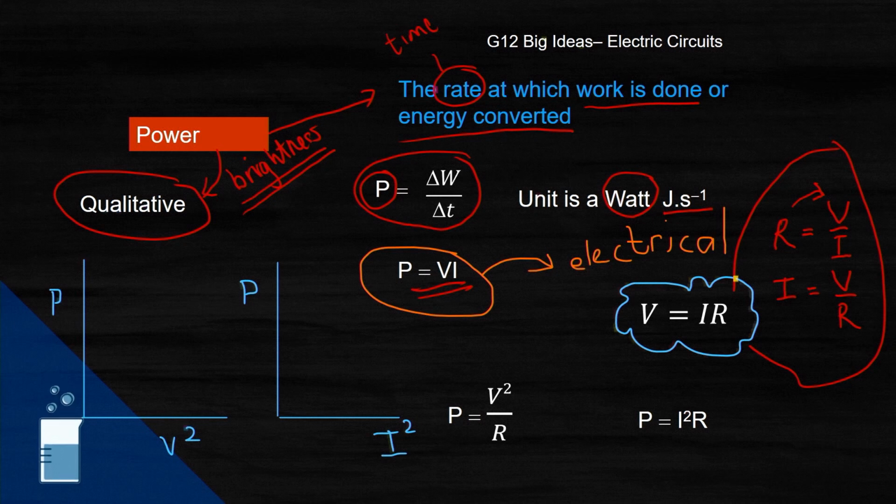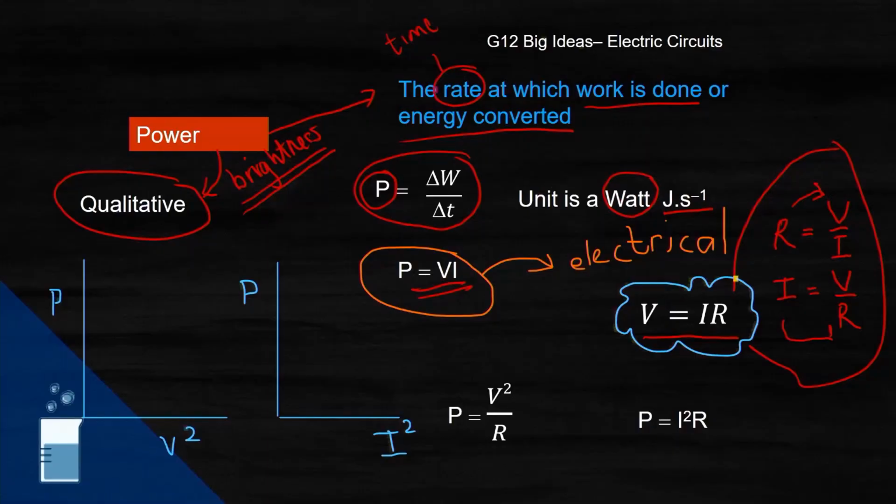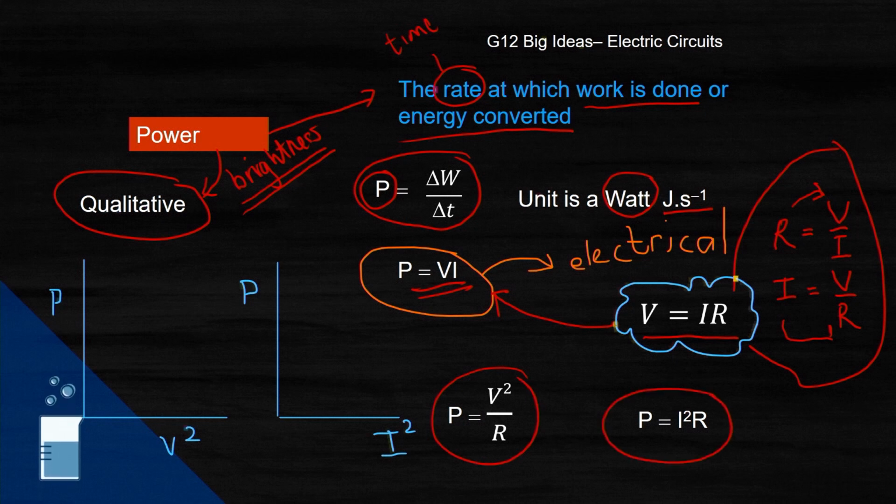We can change it around and we get another two ways of writing Ohm's law, and that is I equals V over R, as well as V equals IR. Then if we substitute these formulae into the original, we end up with P equals V squared over R, as well as P equals I squared times R. Those you will find in your data sheet.